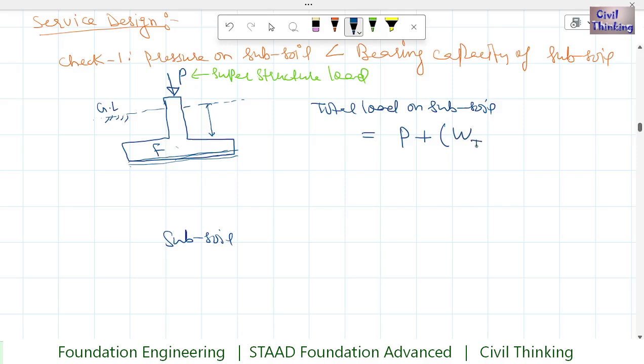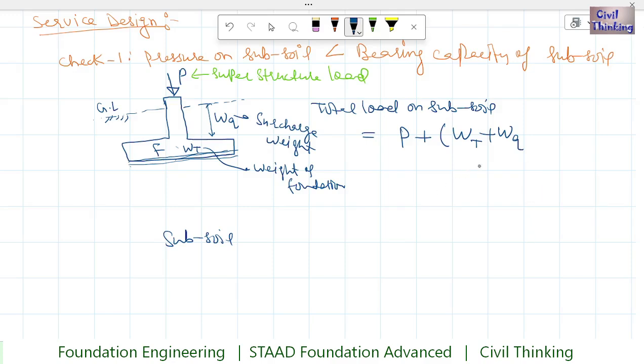So WT, okay, weight plus, now the weight of this soil, we call this as surcharge. I don't know how you pronounce that. WQ, okay. And we have the weight of foundation, right? So this will be the total weight on the subsoil.